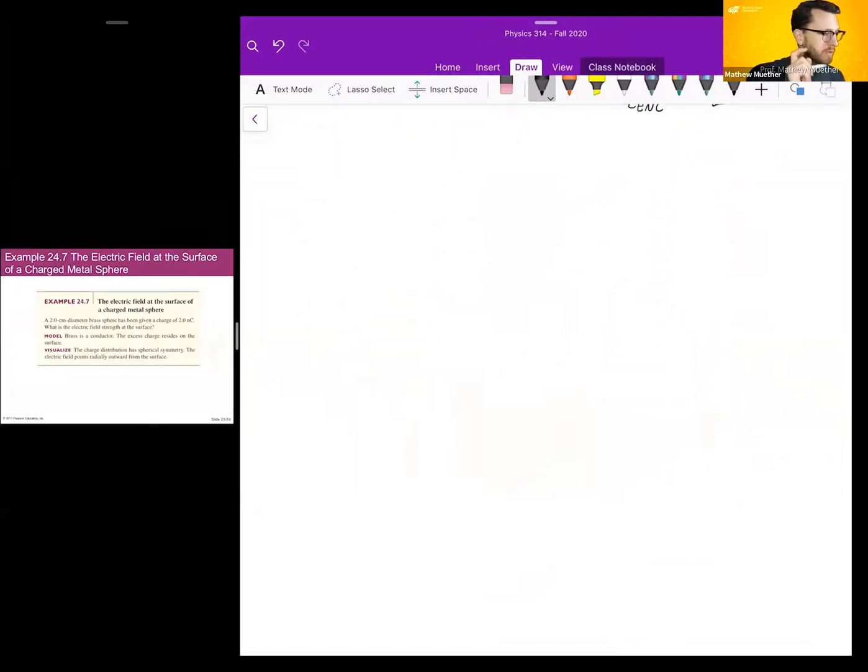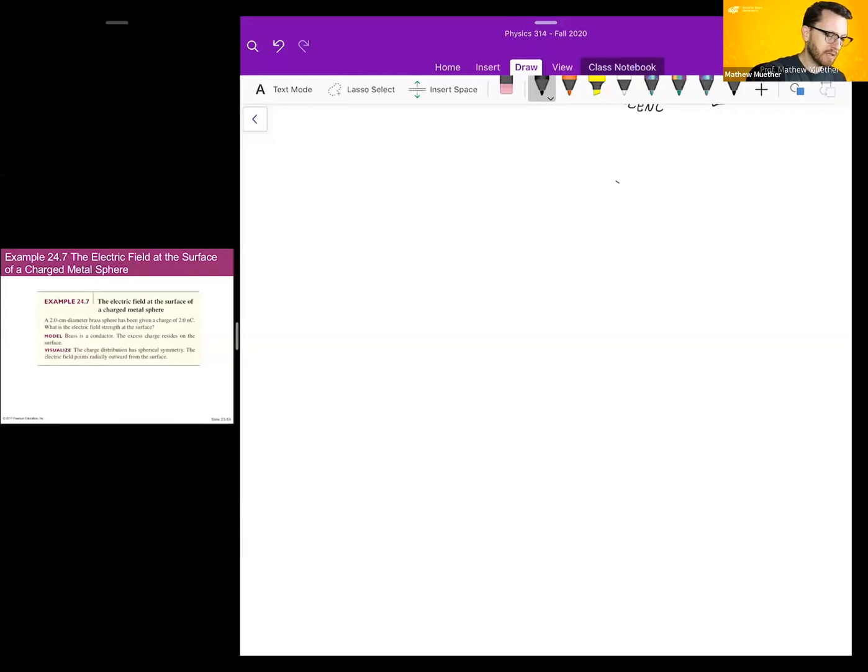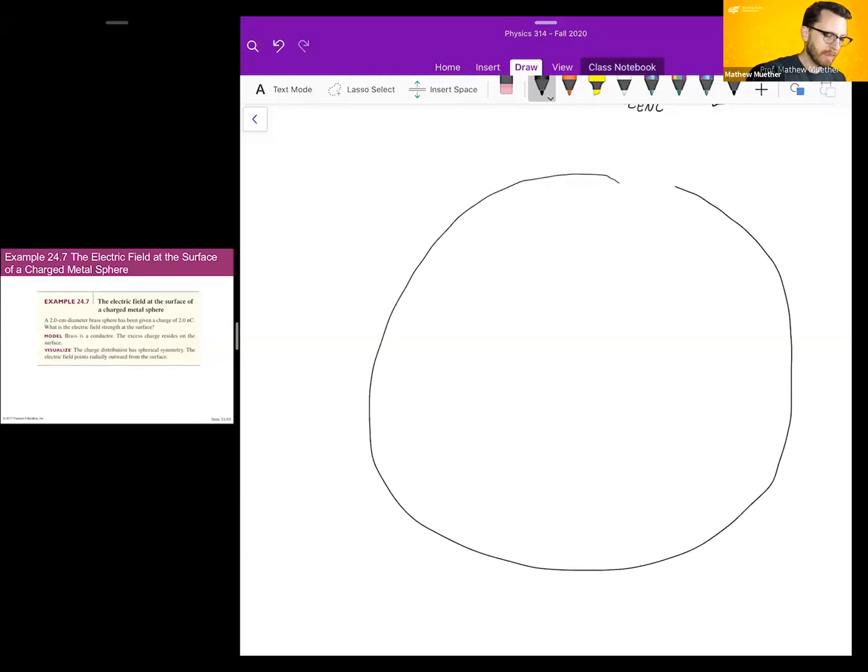So here's what we're going to do. Let's imagine we have a sphere of charge. All right, sorry, a spherical conductor. And we're going to load it up with some charge. Okay, so let's say it has some radius R, and we're going to put some excess charge Q on the surface of that conductor.